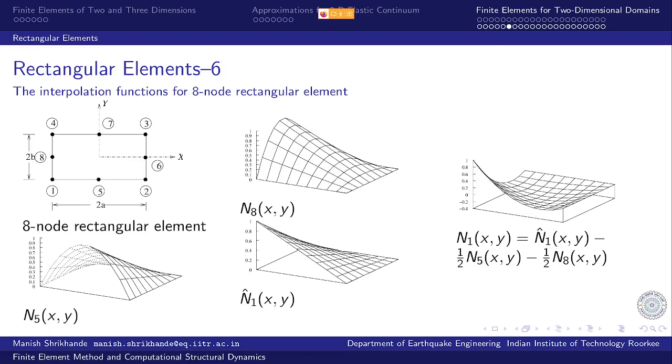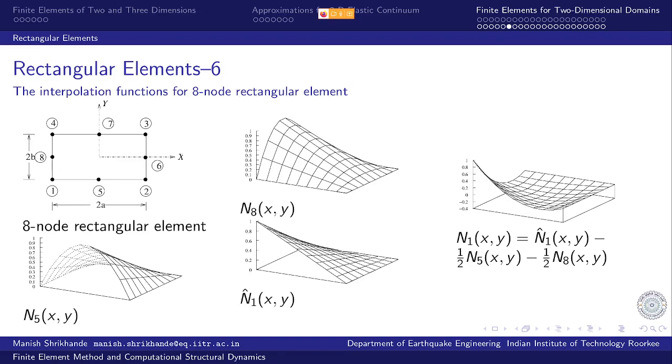And as we know that for rigid body motion, the basic requirement is that summation of ni, the interpolation functions, should be equal to unity, because that is what will ensure that all nodes move by the same amount. I mean, rigid body motion, all nodes have to have the same displacement.